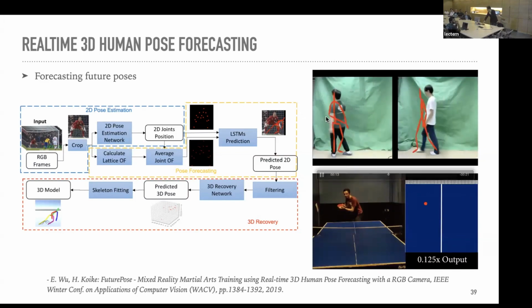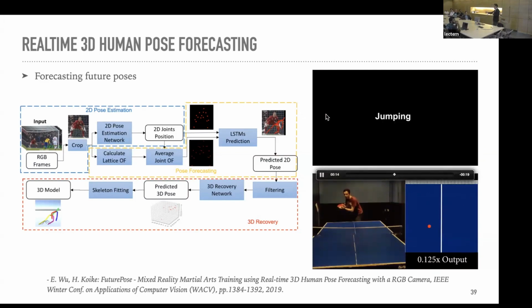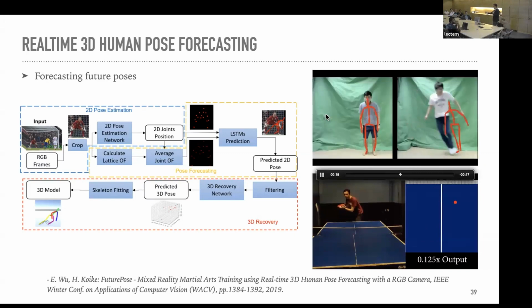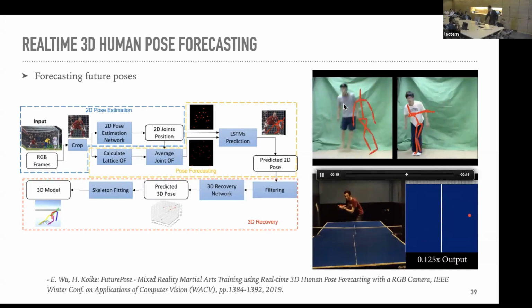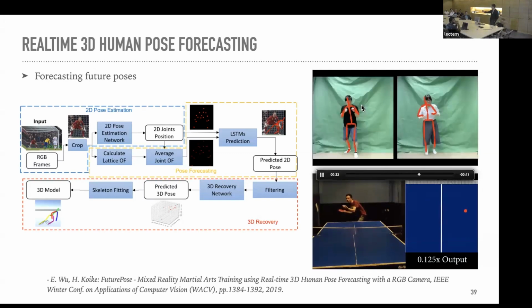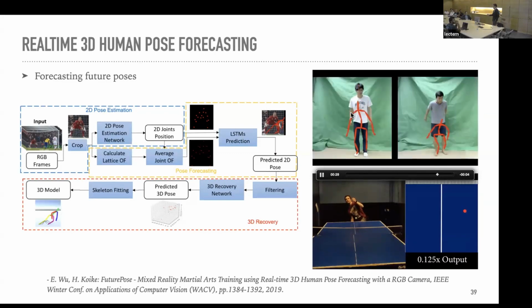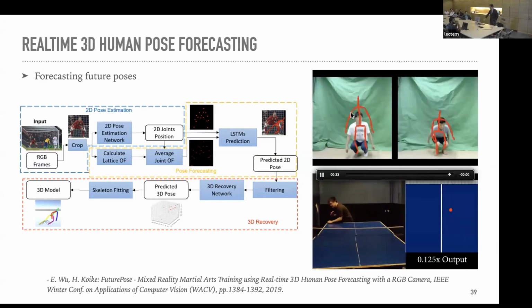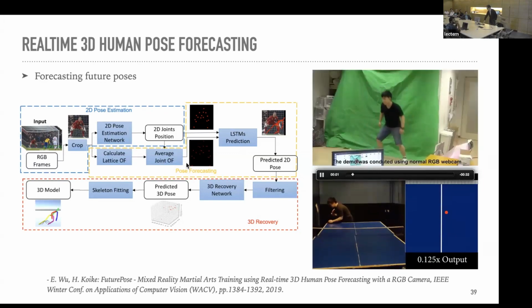This red skeleton shows the estimations by our system. Even if this man does not jump, before his jump, this red skeleton is forecasting his body poses by using our deep learning system.